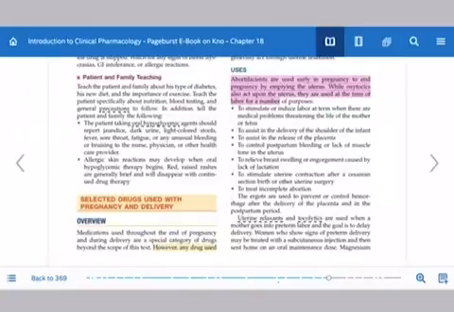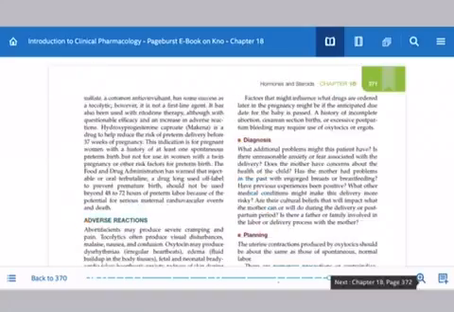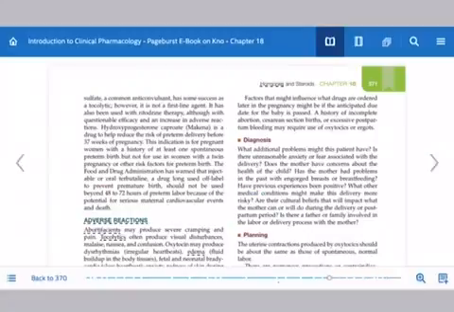Now your uterine relaxants and tocolytics are used when the mother goes into preterm labor, to delay delivery. It says it's also been used with ritodrine therapy, along with questionable efficacy and increase in adverse reactions.